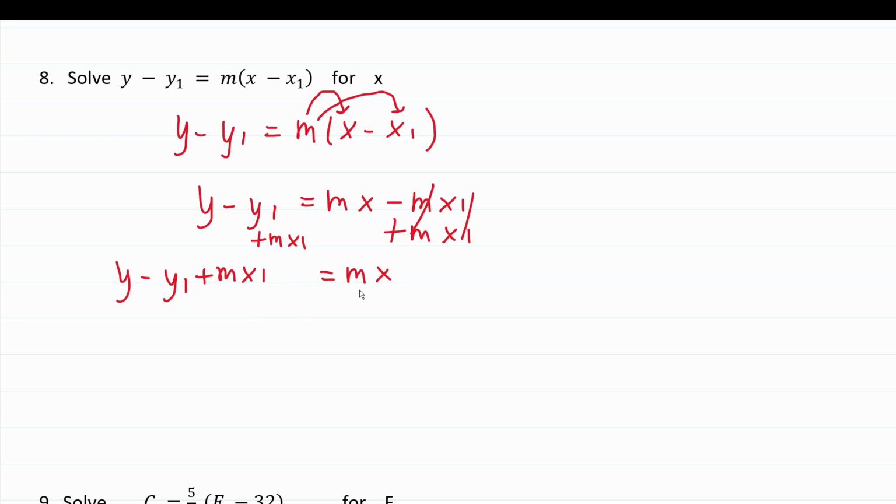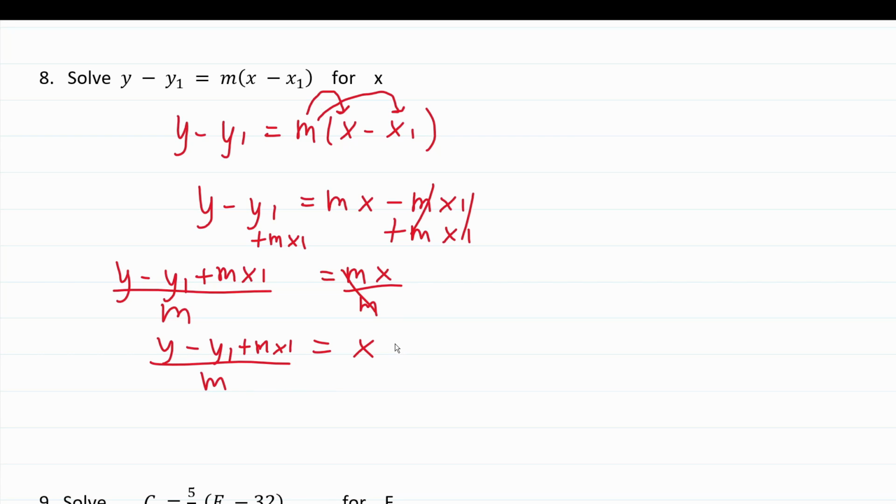All right, now we want to get rid of this m. This says m times x. We're going to perform the opposite operation to move it, so we're going to divide both sides by m here. This will cross out here, leaving you with just x over here. And this becomes y minus y1 plus mx1 over m.